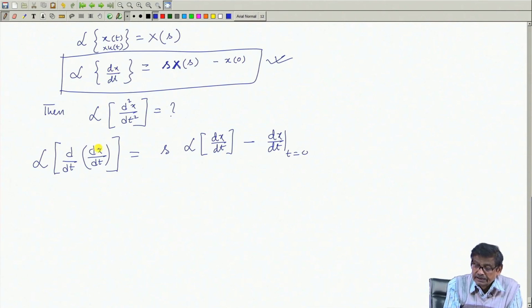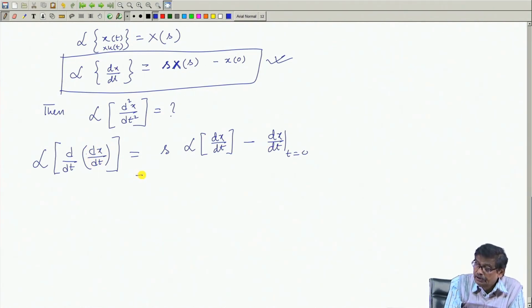So, here x is taken care of by dx/dt, whose Laplace transform is known. I have right now derived s into X(s) minus x(0). So, the Laplace transform of the derivative of this function will be the Laplace transform of dx/dt minus the initial value of dx/dt, that is this.